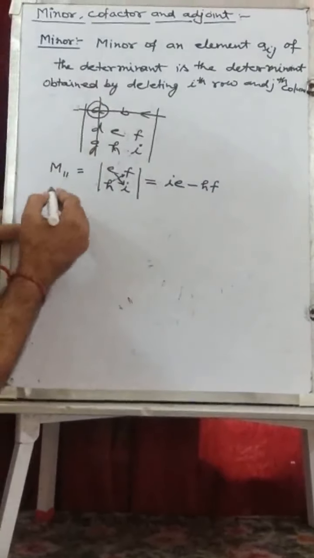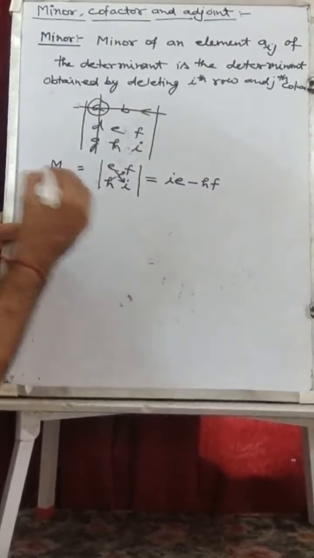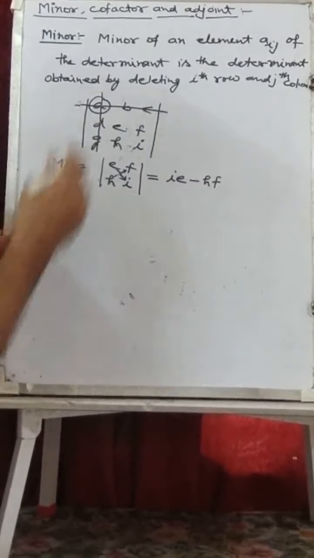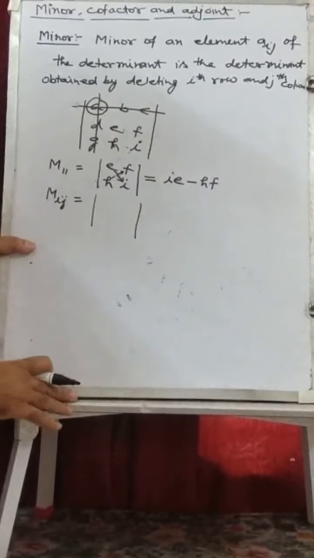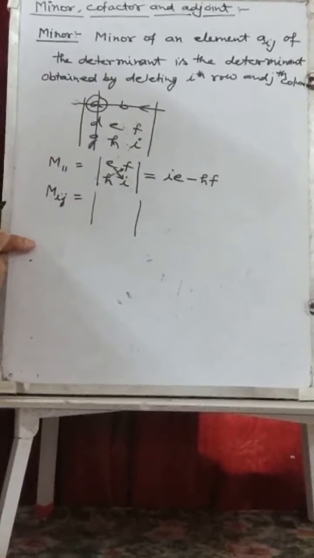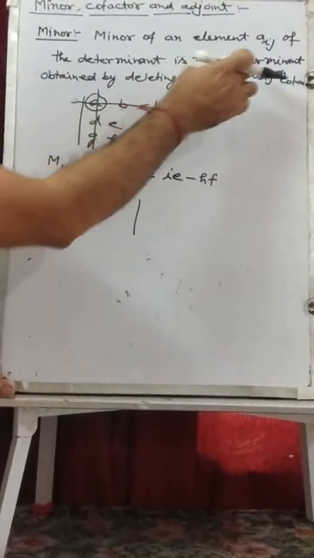Like this, the minor Mij will be found by deleting the ith row and jth column from our given determinant. So what is actually a minor? Minor is again a determinant.